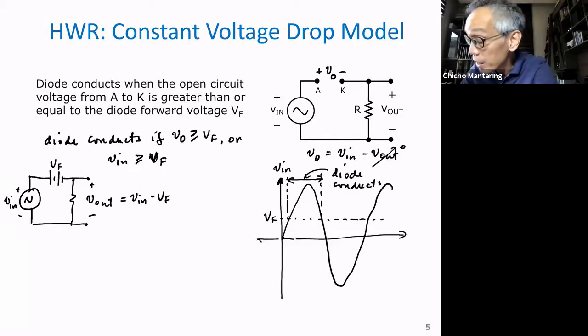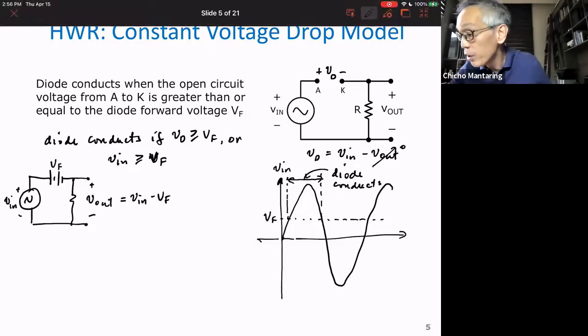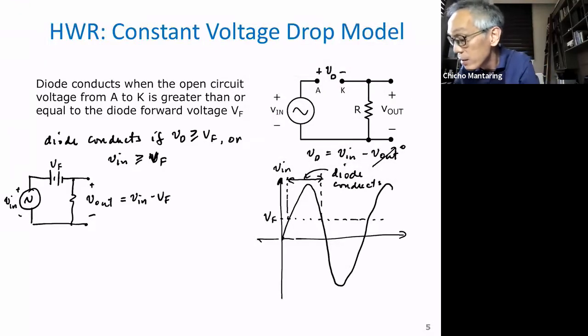So anong itsura niyan dito, no? Okay? Ang itsura niyan, yung graph natin na sinusoidal, parang bumaba siya. Bababa siya by the value V of F. So kung ito-drawing ko yan, it's going to look something like this. Ito ngayon yung V of N minus V of F, V out.